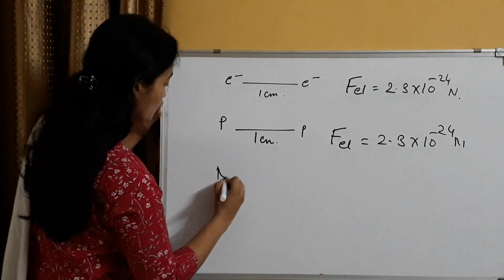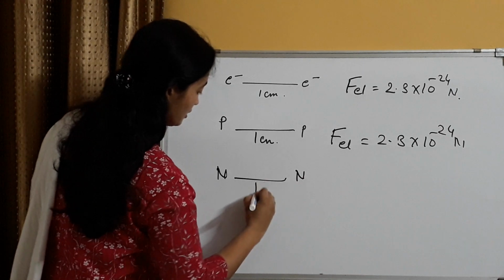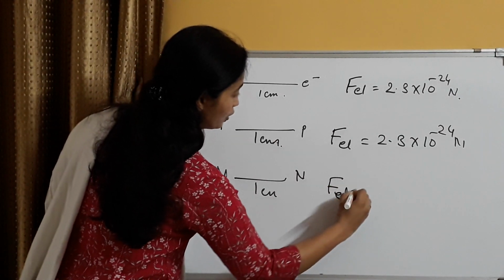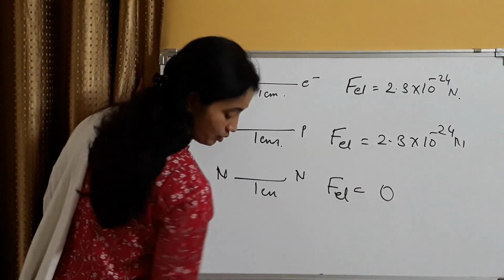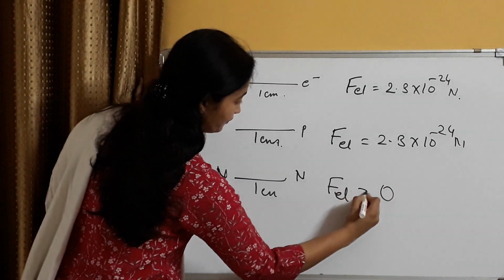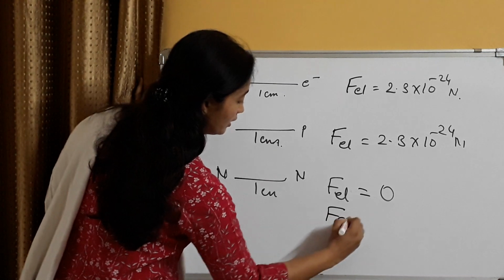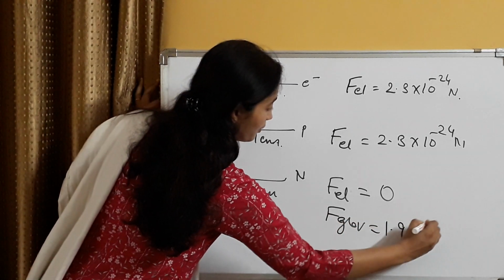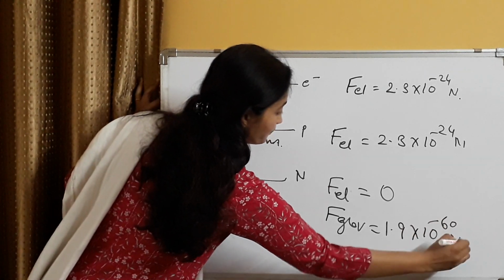And if two neutrons are kept at the same distance of 1 centimeter, they experience F electrostatic equal to 0, and they experience only F gravity, which is equal to 1.9 into 10 to the power minus 16 newtons.